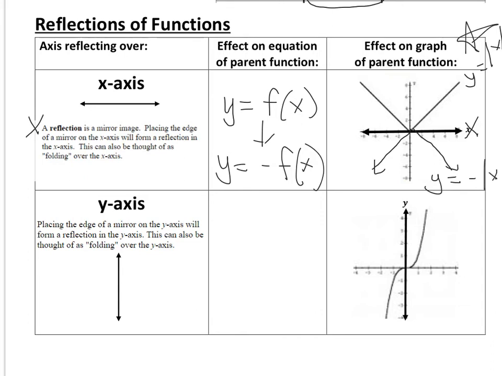Just make the absolute value of x negative. And that will reflect your original parent function over the x-axis.